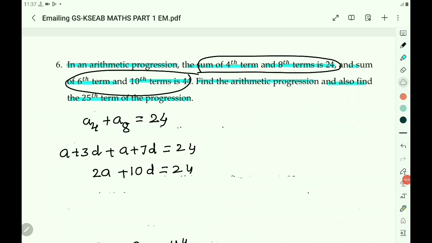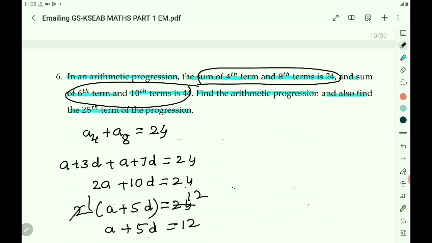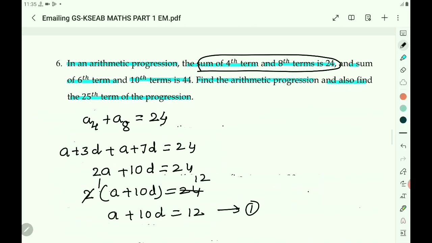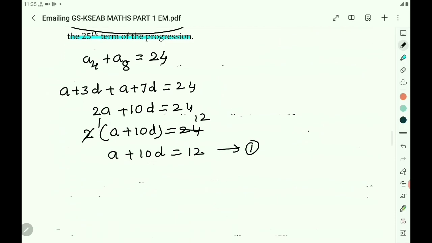Remove 2 common. 2 into a plus 5d equals 24. 2 ones are 2, 2 12s are 24. You got a plus 5d is equal to 12. Consider this as the first one. Then you take the sum of 6th and 10th term is 44.